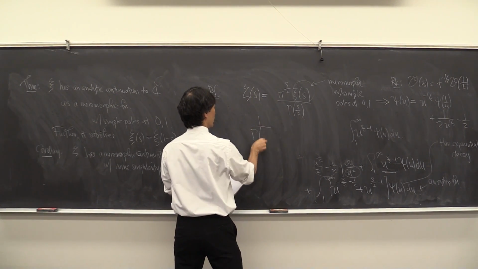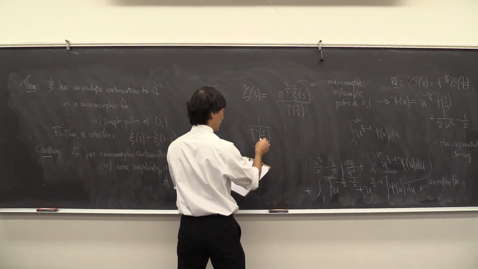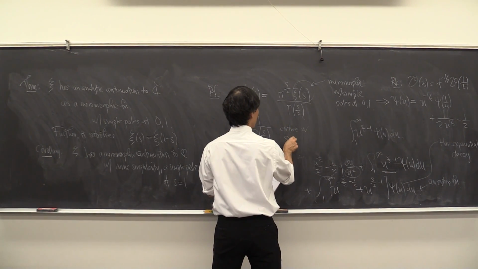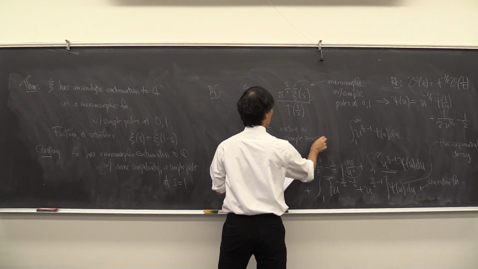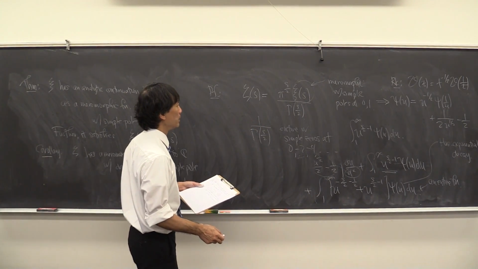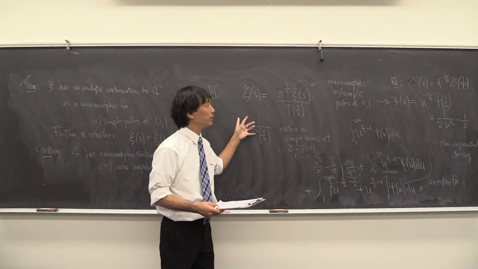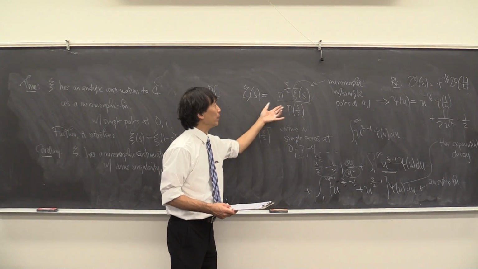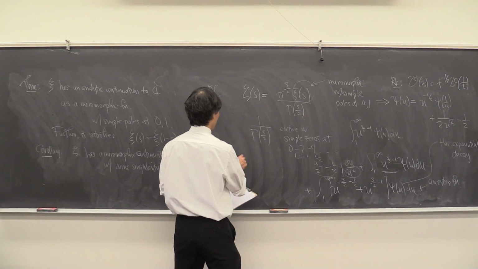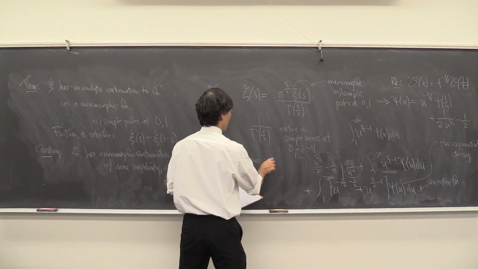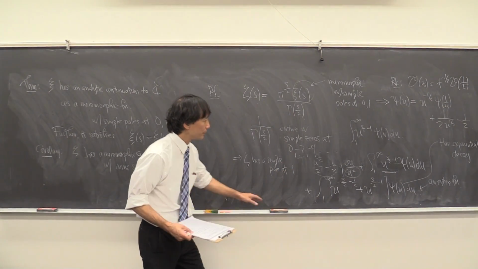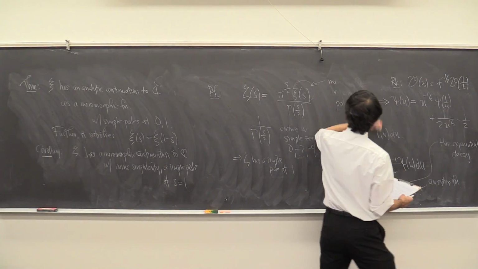This 1 over gamma of s over 2 was entire with simple zeros at 0, -2, -4, etc. And so the simple zero for this cancels off the simple pole there. You're left with a meromorphic function with one pole at 1. So this thing has a simple pole at 1. That's the extension of those.